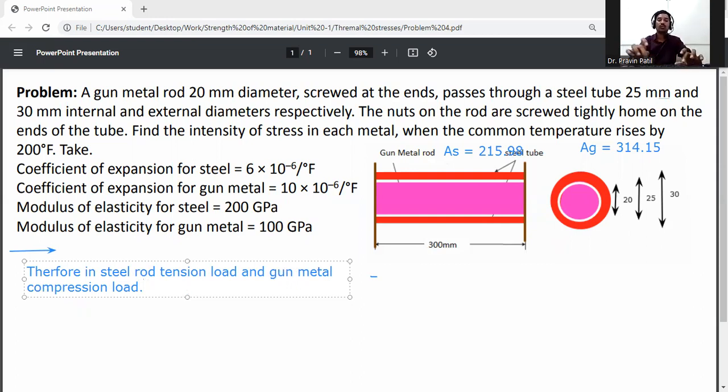Because of the composite, the load in steel in tension is equal to the load in gun metal in compression.